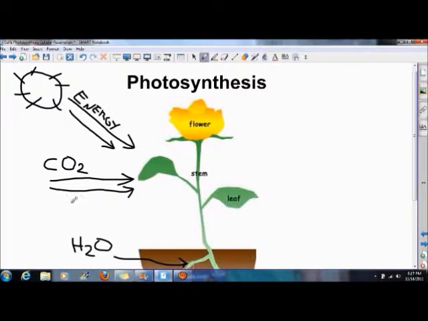Now we need to put some plus signs in between here. So energy plus carbon dioxide plus water is going to go into the cell, and in turn, the cell is able to make glucose. Now, glucose is sugar, and sugar is C6H12O6.